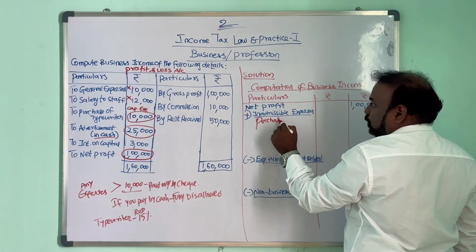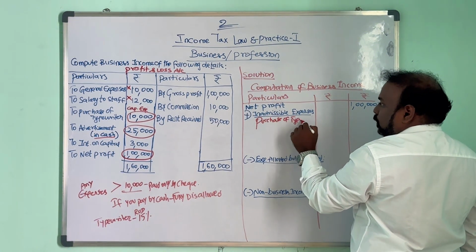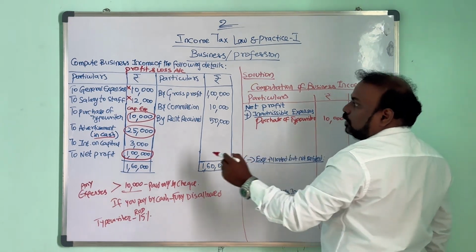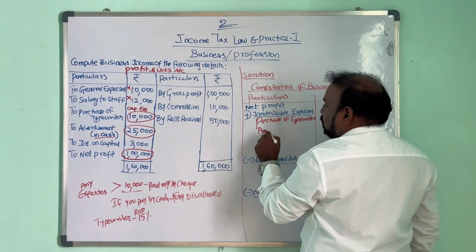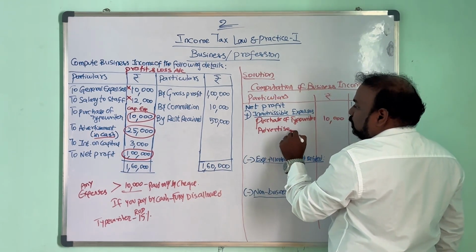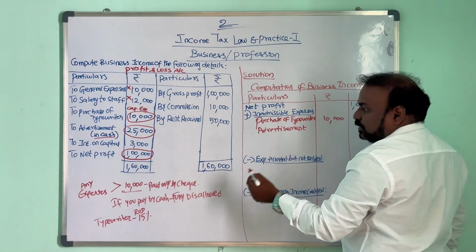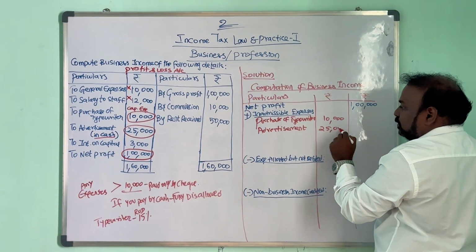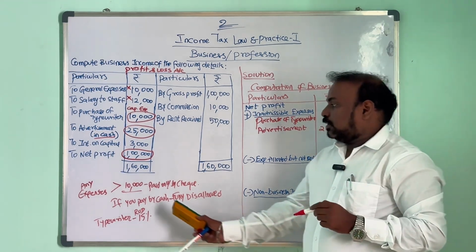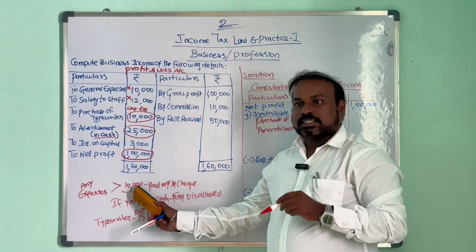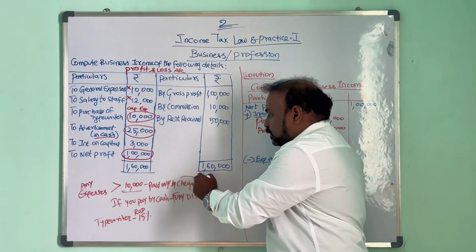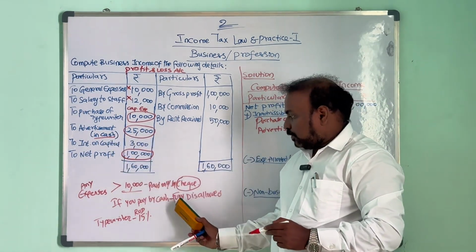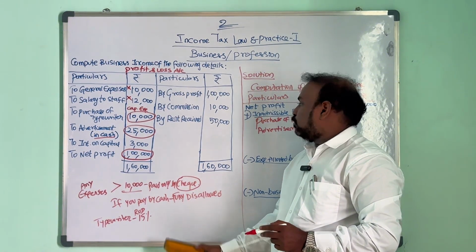So purchase of typewriter 10,000. Then advertisement is allowed but we paid in the form of cash. Because of that it is fully disallowed, because any expenditure above 10,000 must be paid only by cheque, not by cash. Here we paid in cash, so the amount is fully disallowed.